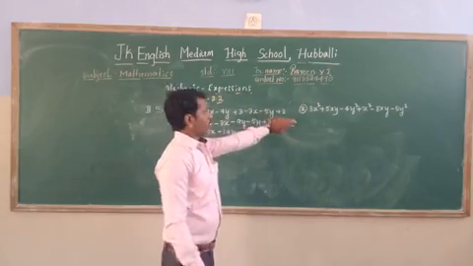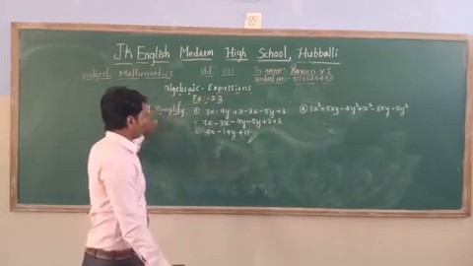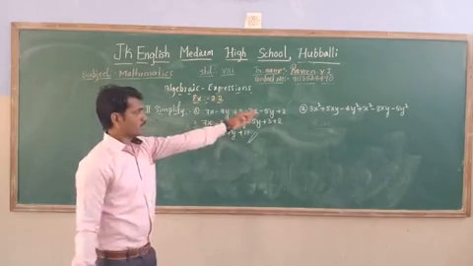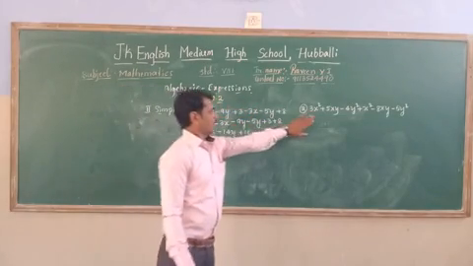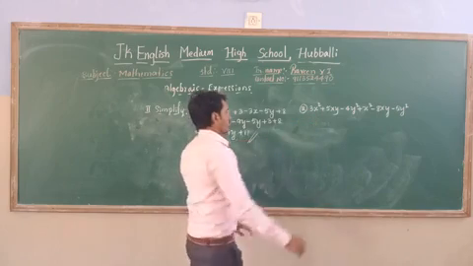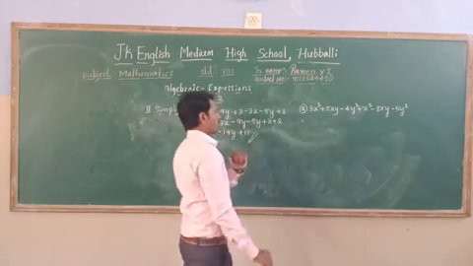Don't worry about their powers. Here the question was easy, but we have solved it, and there the question was also easy, but we are having some powers. So don't worry about that. The first step, separate the like terms.